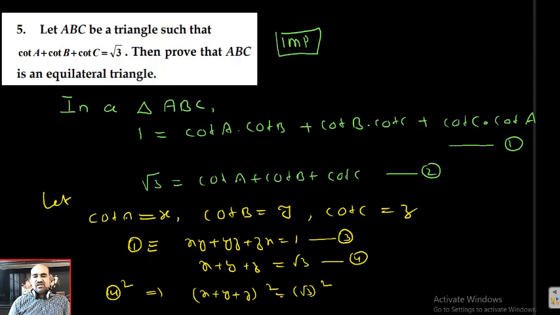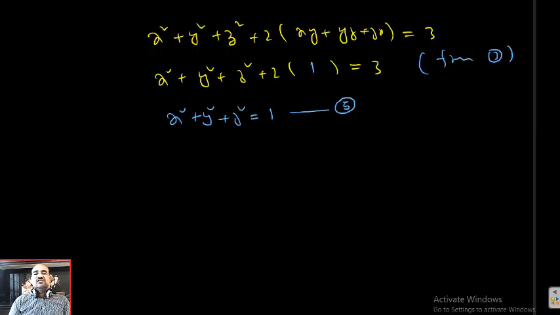Now, what is our plan? x equals y equals z. For that, we know one important result in algebra: x minus y whole square plus y minus z whole square plus z minus x whole square equals 0 happens only when x equals y equals z, because this is a non-negative number plus non-negative plus non-negative, and 0 means each should equal 0 only.